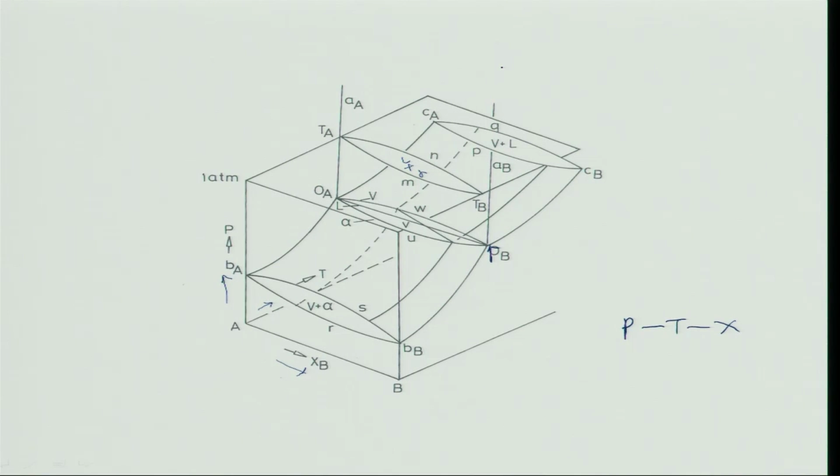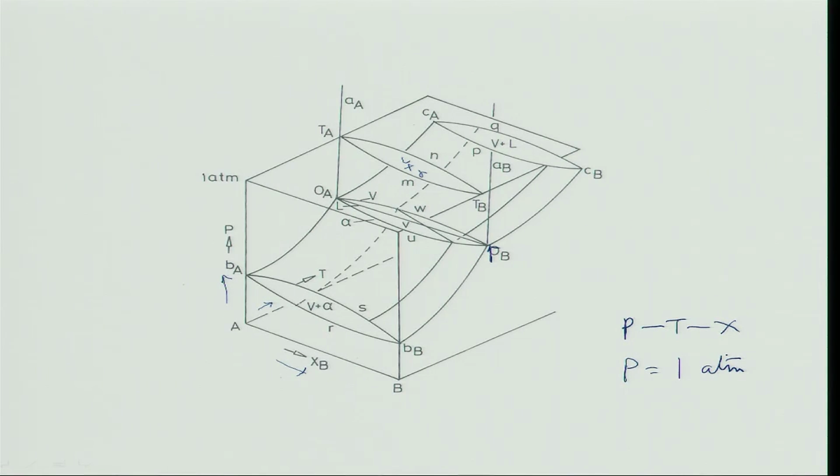But as you know, such a thing is very cumbersome and complex. So we can use a very clever approach. What is that? We can always assume pressure to be constant. If I assume the pressure is 1 atmosphere, then I can take a section on this diagram at 1 atmospheric pressure.